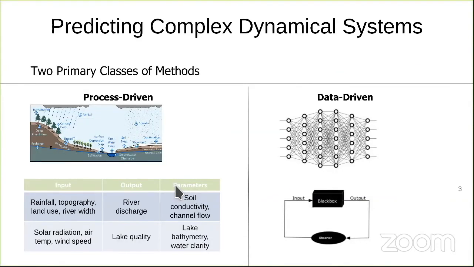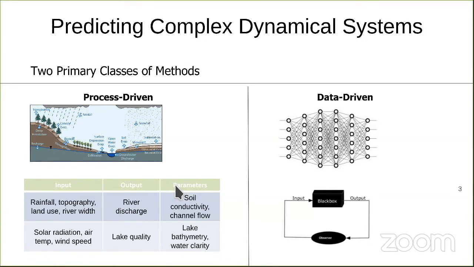So when predicting complex dynamical systems like temperature, which is thermodynamically driven, there are two primary classes of methods. The first being the traditional process-based models, process-driven models, usually expressed through things like differential equations to explain emergent phenomena and mapping inputs to outputs, and then parameterizing missing physics, as many of you are probably already familiar with.